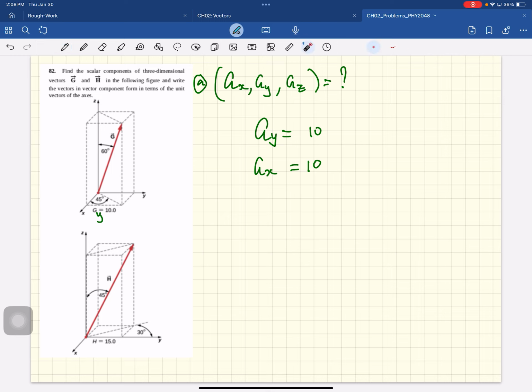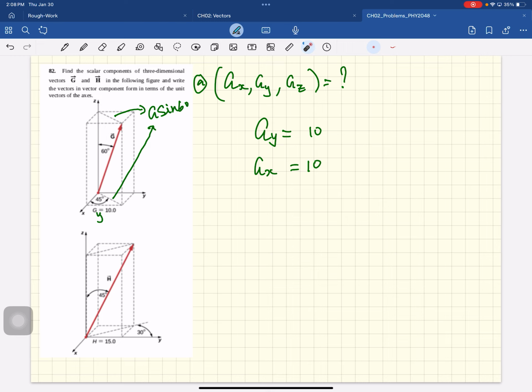Now all we really have to do is find this. Now this angle is 60 degrees. If you look at this triangle, this side is equal to g sine 60, and this is the hypotenuse for this triangle.